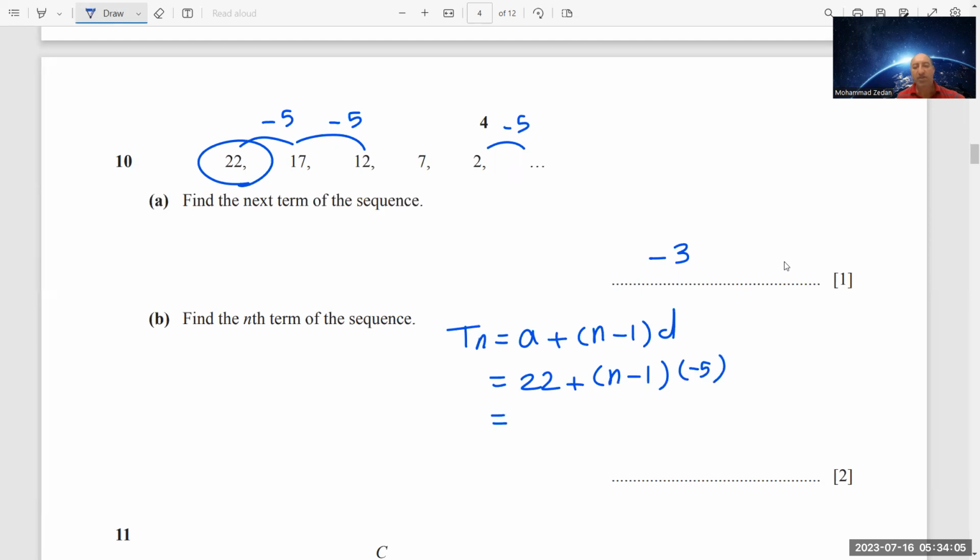You can distribute negative 5 over this bracket, like this. Negative 5n plus 5, be careful, negative times negative is positive. So final answer is 22 plus 5 is 27, minus 5n, and this is the nth term of this sequence.